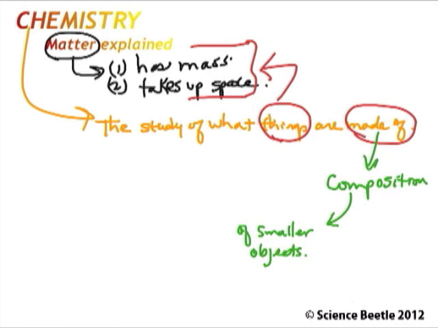So what I wanted to provide for you today is a look at composition as a way to help you understand the second part of the original definition of chemistry. When you understand both sections, the section talking about the things, which refers to matter, and the section referring to the made up of, or the composition of matter, then you'll get a better understanding of why individuals in chemistry study what they do, as opposed to going into it without a good understanding of the basic view of what chemistry really is.